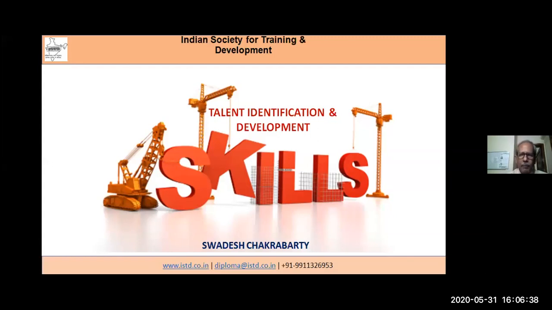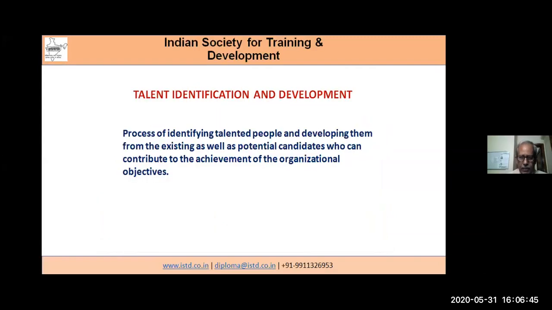So with that purpose, there are many topics that you have seen, but today we'll see how the talent has to be identified and how the development is to be done, a brief idea about that. The name suggests itself: how to identify the talent. What are the parameters by which you will decide which talent is suitable for the organization?